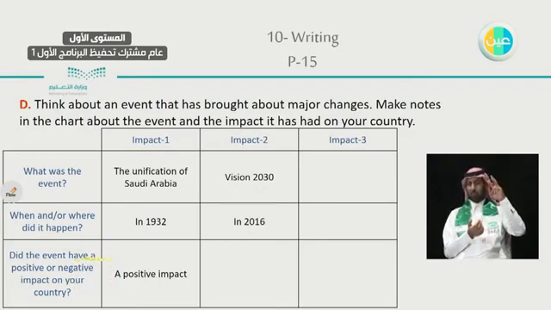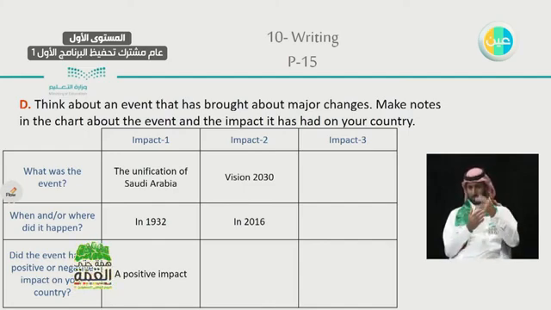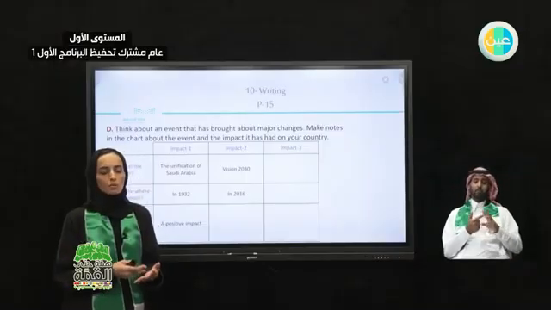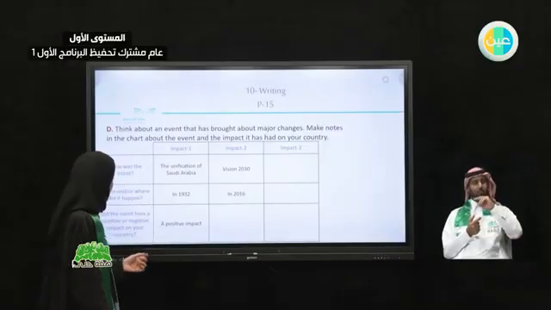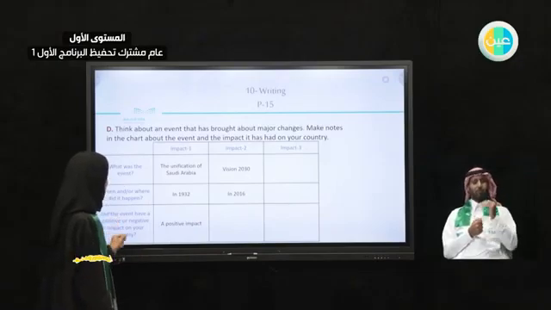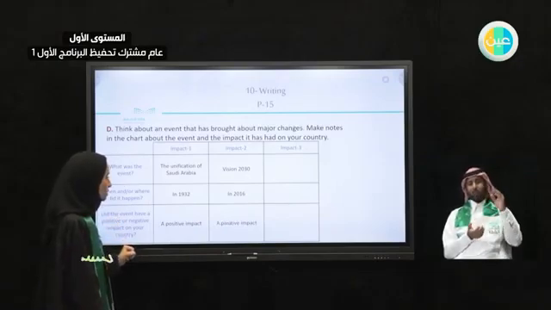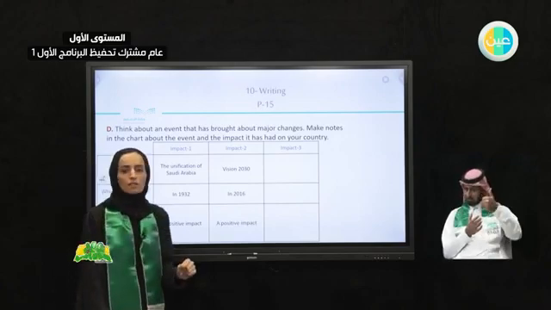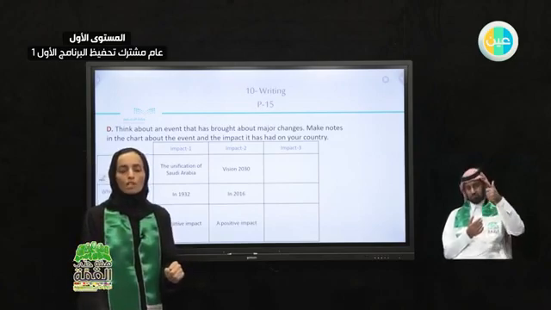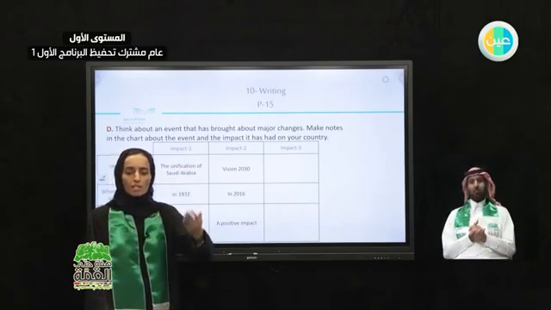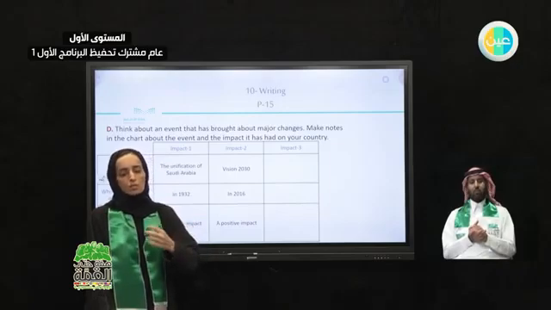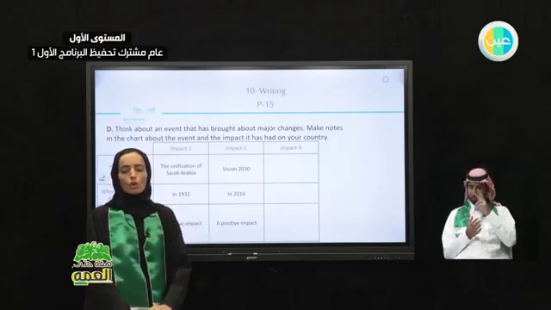It was announced in 2016, and the results are going to be in 2030. You can speak about Prince Mohammed bin Salman, you can speak about where it was announced, and many other things. Then, did it have a negative or a positive impact or effect? It has a positive effect. So, the result of that action is whether it is positive or negative.